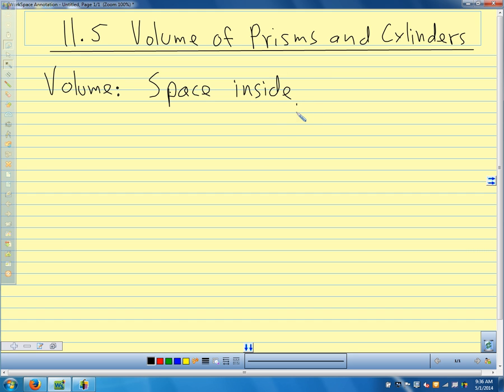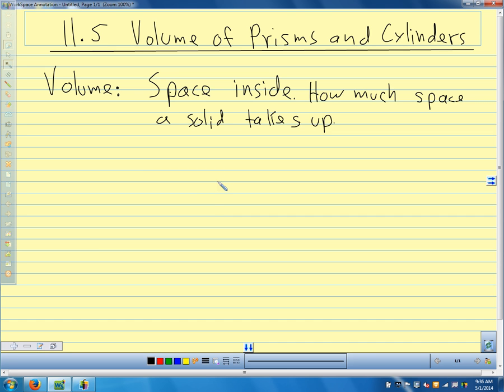And we could also think of it in terms of how much space a solid thing takes up. How much space does it take up? Kind of the same thing. Takes up, occupies, how much space a solid occupies.